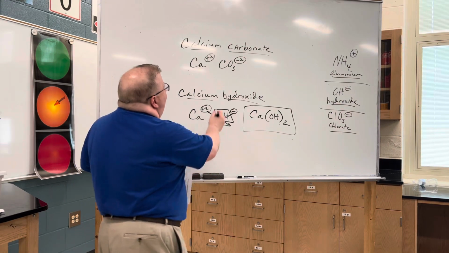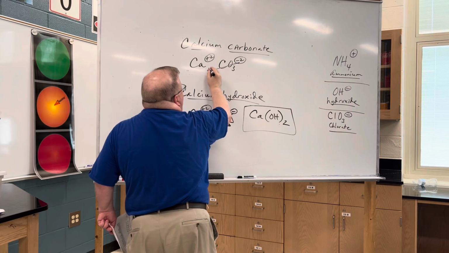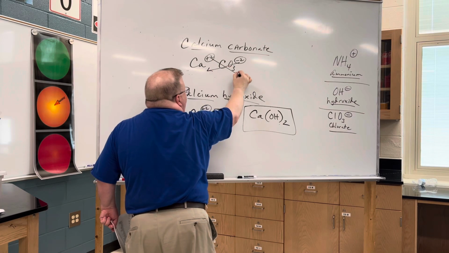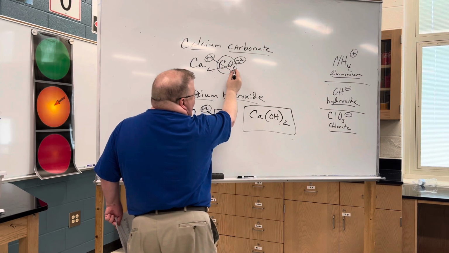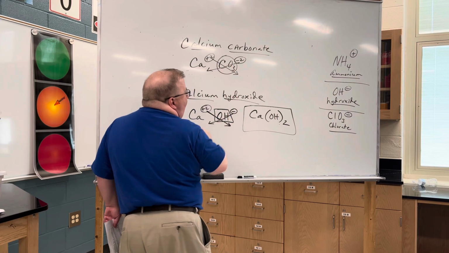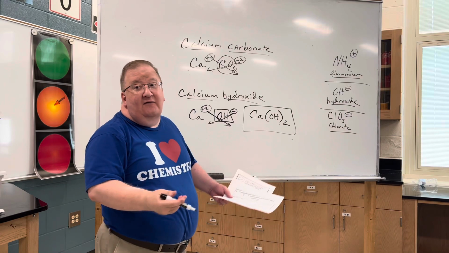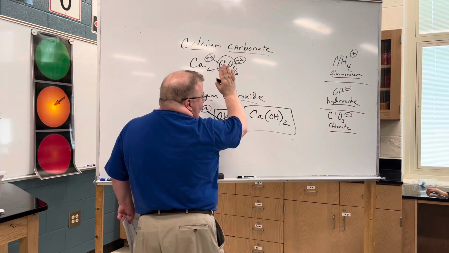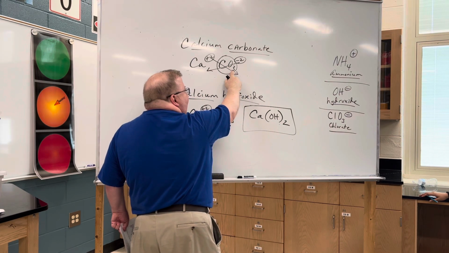All right, when I crisscross the 2, that 2 is going to drop down and apply to the calcium, but this 2 must apply to that whole thing. Don't ever take that apart or do anything with it. It has to remain CO3. Okay, you might have 2 of them, but you don't change that subscript ever.